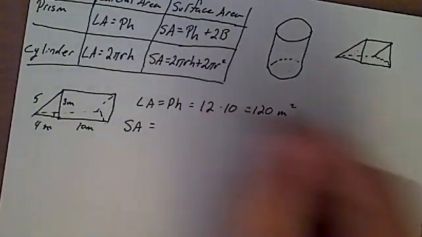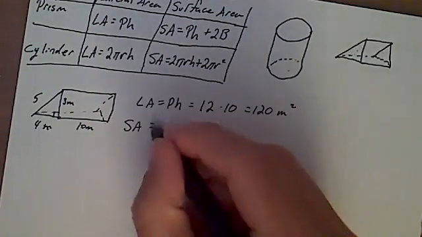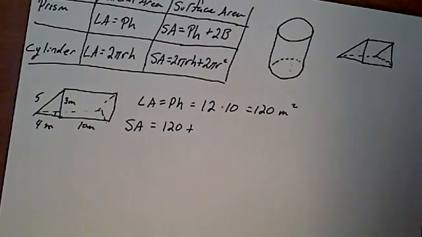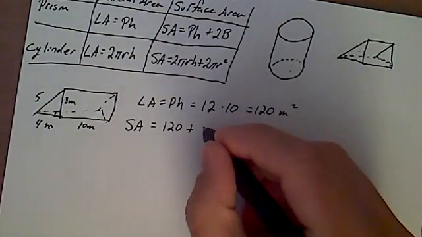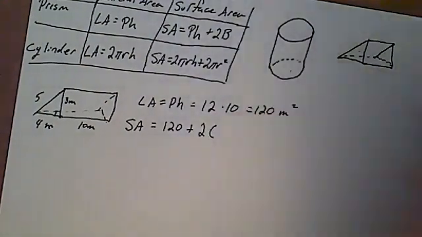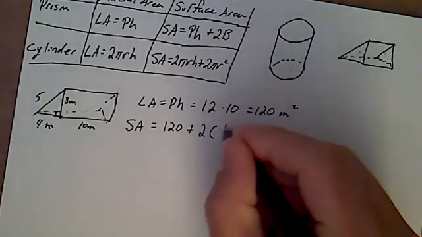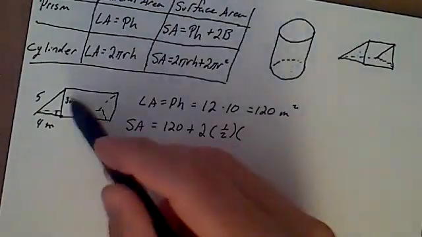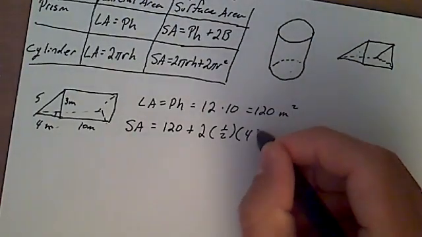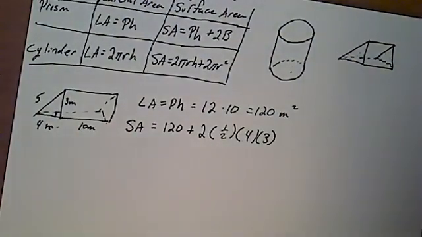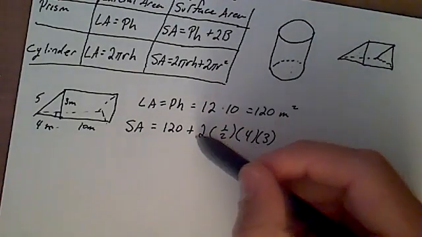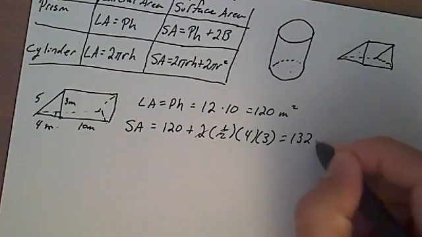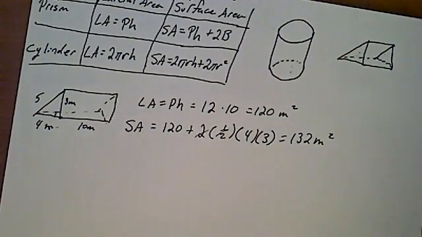The surface area is going to be that 120 plus the area of the bases. That's 2 times the area of a triangle, which is 1/2 the base times the height, that's 3 times 4 or 4 times 3. The 2 and the 1/2 cancel, and we get 132 meters squared.